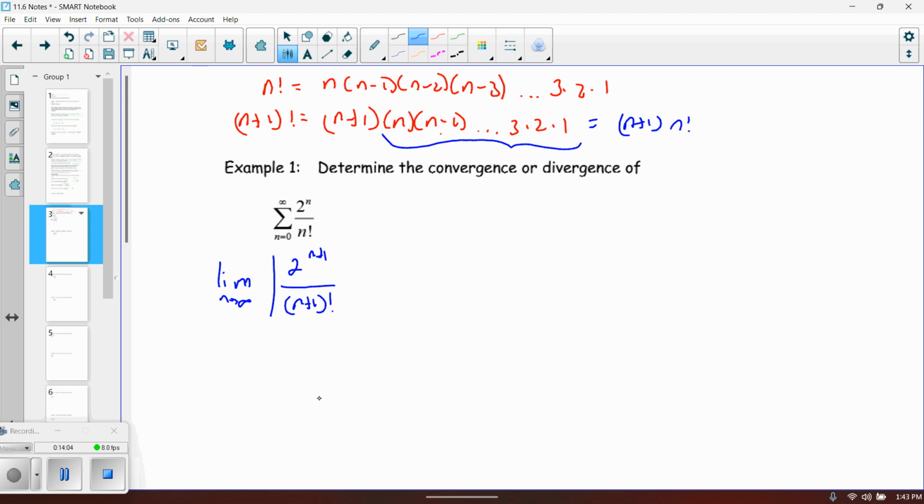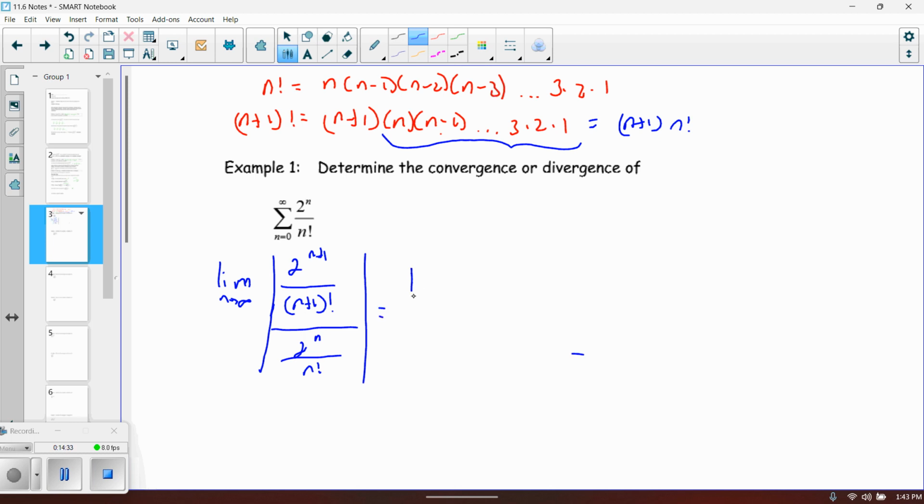Now we have to divide this by the nth term, which is the original series. So that's what you're going to take the limit of. Now, of course, that looks like a mess. And in order to do this, we need to think about dividing the fractions is the same thing as multiplying by the reciprocal.